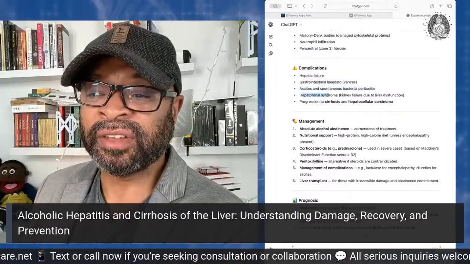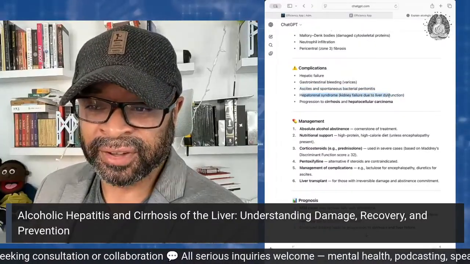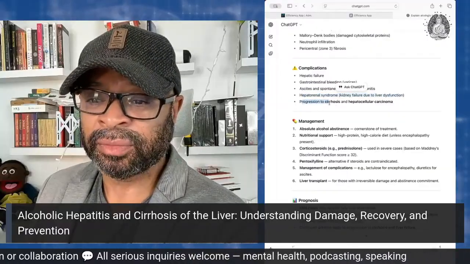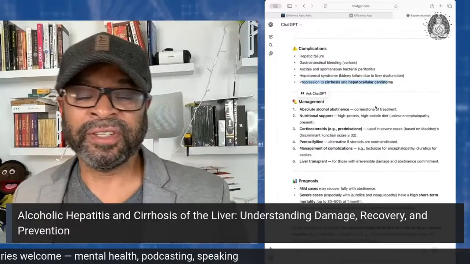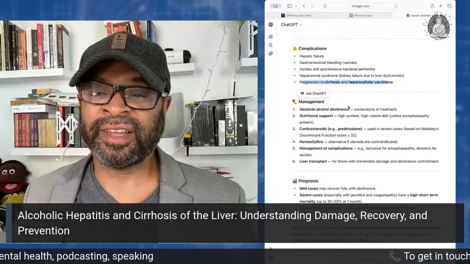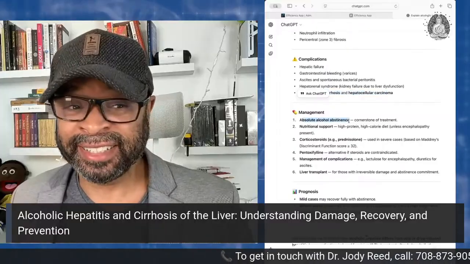You're also at risk of hepatorenal syndrome, that is kidney failure, secondary renal dysfunction, and this can progress to cirrhosis and hepatocellular carcinoma. It's interesting how they come up with a progression of that. It's very useful.